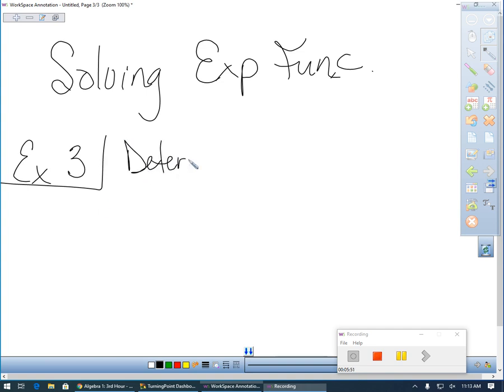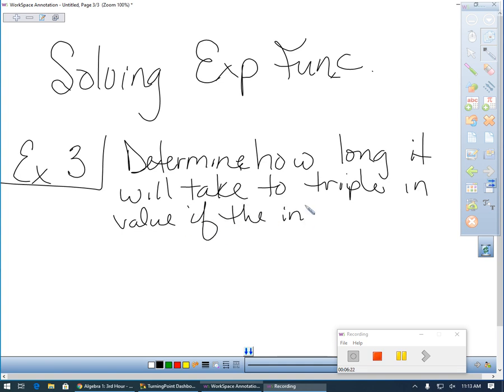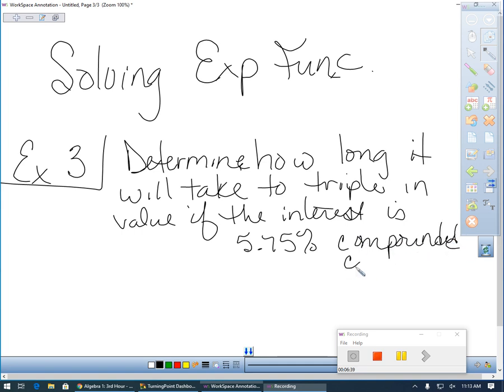Determine how long it will take to triple in value if the interest is 5.75% compounded. We're going to do an easy one. Continuously.